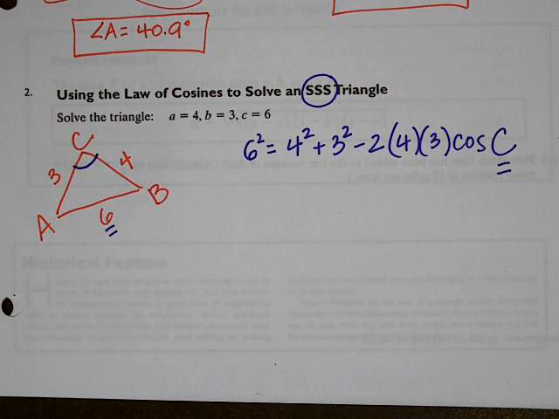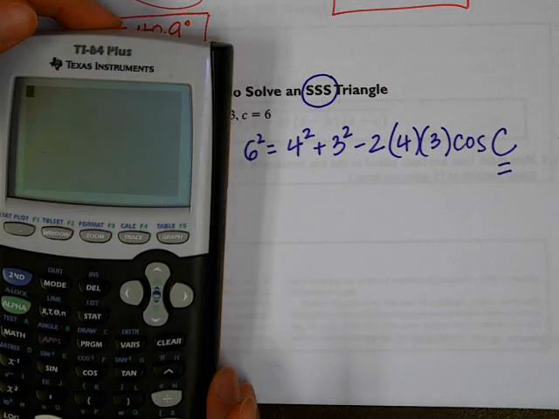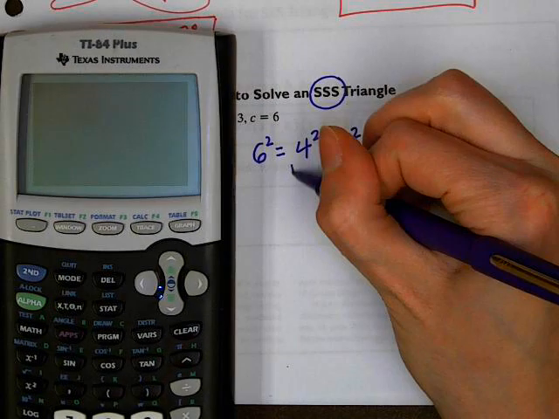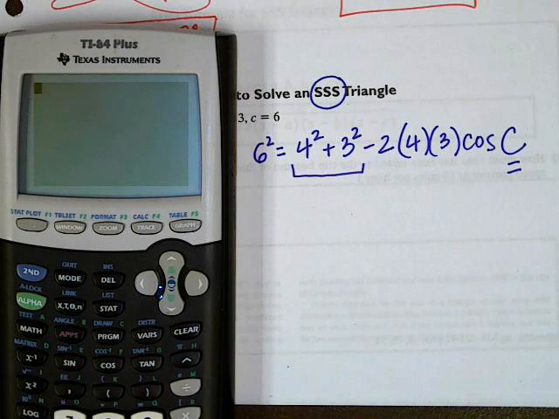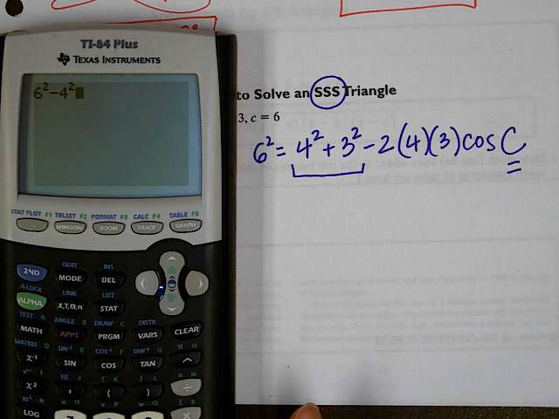Okay, so here's how you guys are going to type it in. We're going to start by subtracting these over. So 6 squared minus 4 squared minus 3 squared.